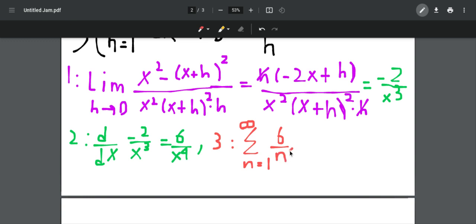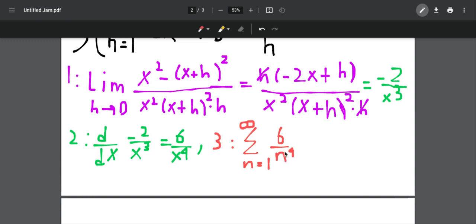If we take the constant out of the sum, 1 over n to the 4th power is a famous sum, and it can be derived from the famous 1 over n squared, which was proved by Euler to be pi squared over 6.